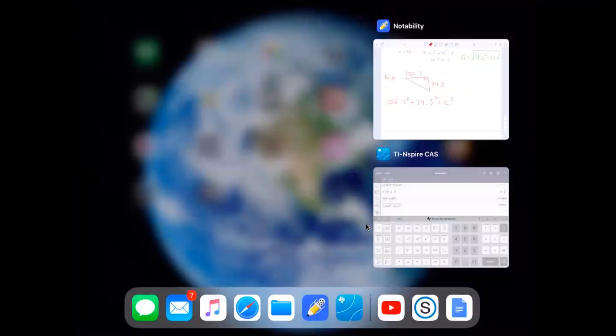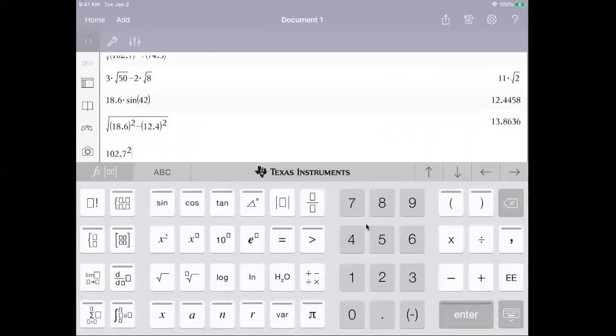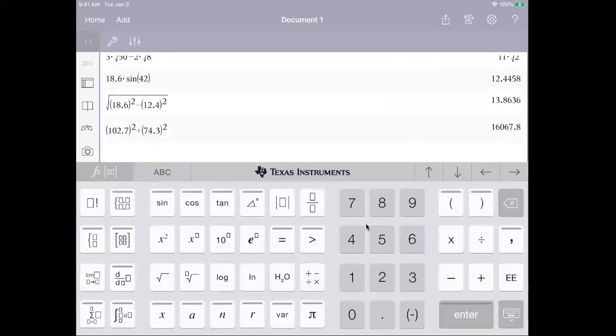So I'll use my calculator. I get 102.7 squared plus 74.3 squared. And I have to take the square root of that. I forgot about that.